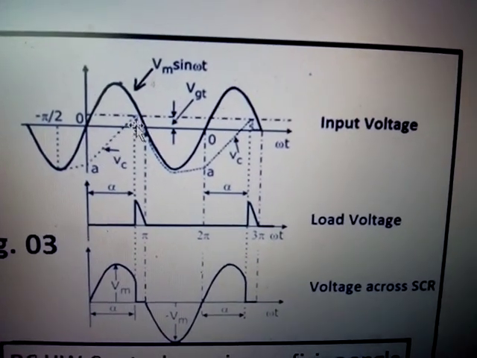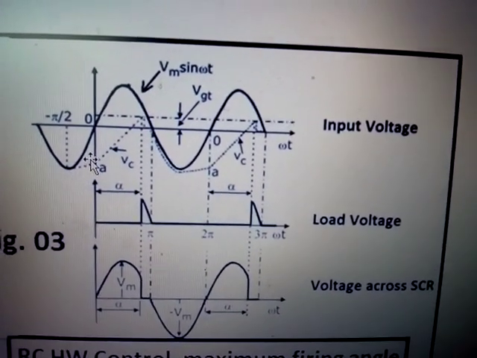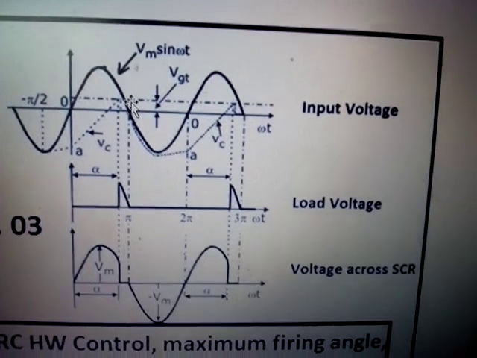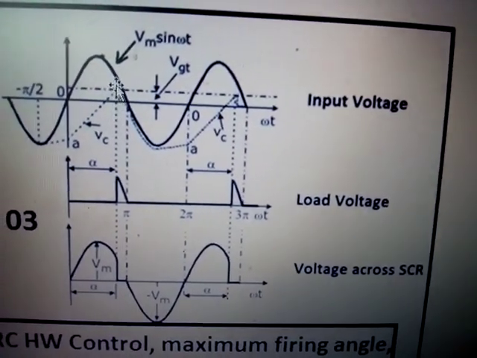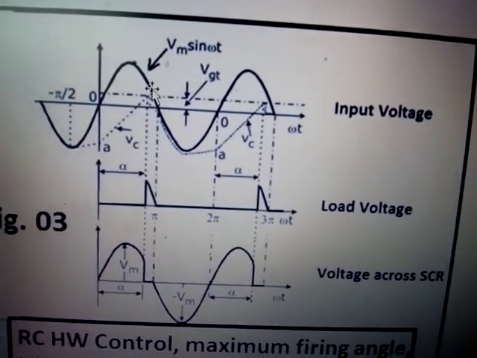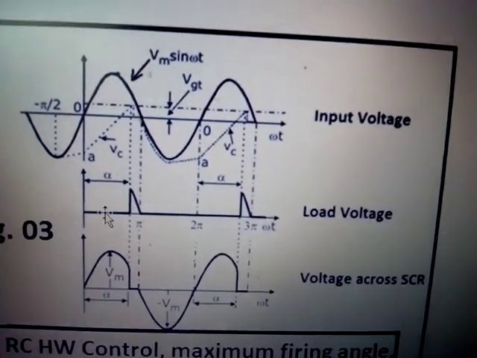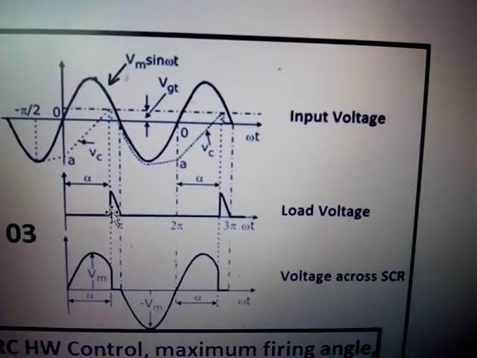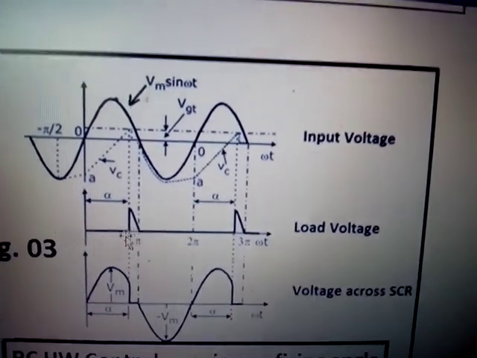Slowly, you see, it will reach there slowly. So the SCR gets the required gate current later, say 170 degrees. So SCR will conduct only for this duration, 170 to 180 say.